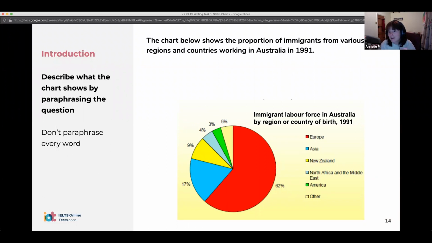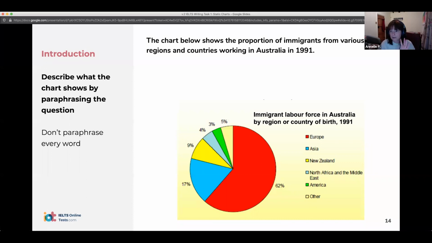Having said that, you don't need to spend hours and hours paraphrasing every single word everywhere. Sometimes I'm finding people are over paraphrasing in their writing, and it ends up saying things that are quite awkward, or in fact actually just wrong, because they're so desperate to find a paraphrase or a synonym for everything that's written.